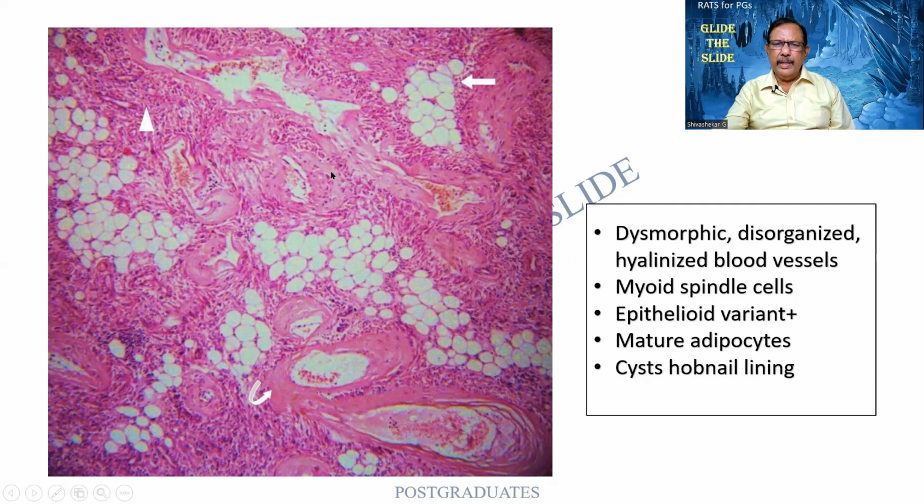There are hyalinized blood vessels. There are myoid differentiated spindle cells. There is a variant called epithelioid. We shall not be going into it. Mature adipocytes. Sometimes there can be cystic spaces with hobnailing of the lining. So a very common slide for the postgraduate exam.